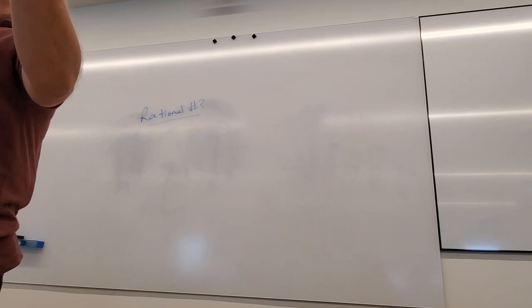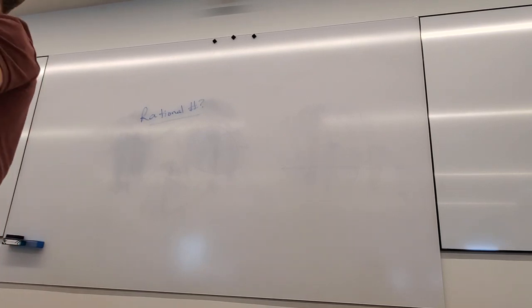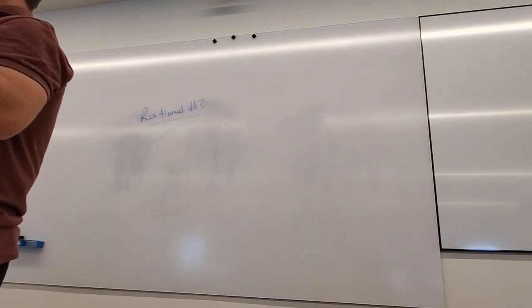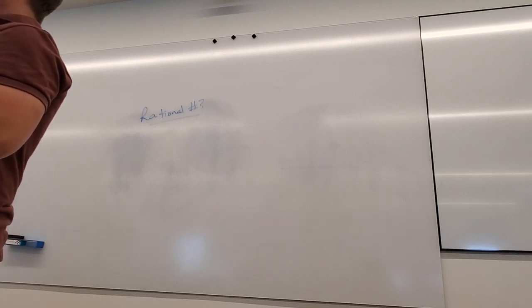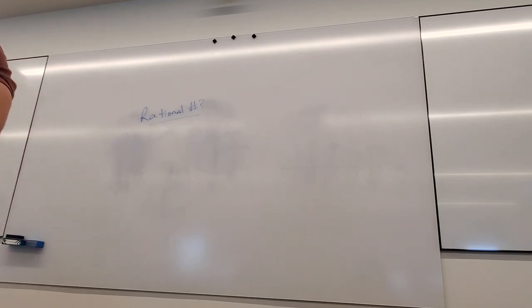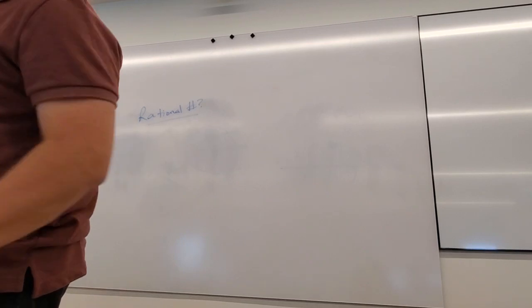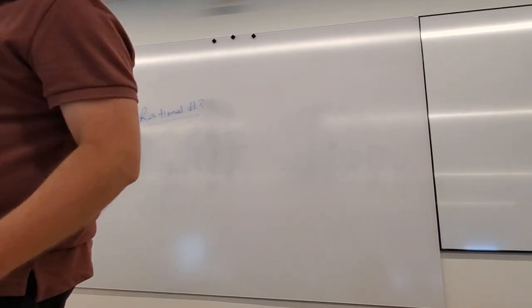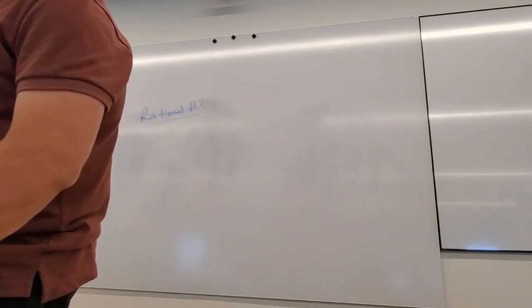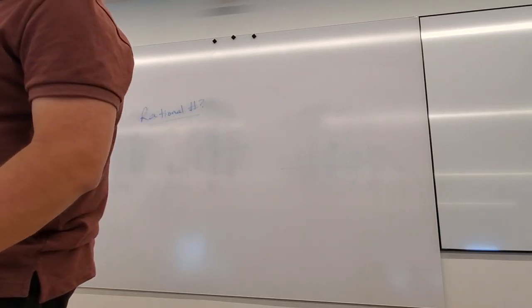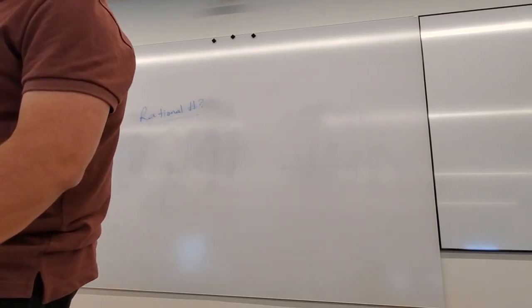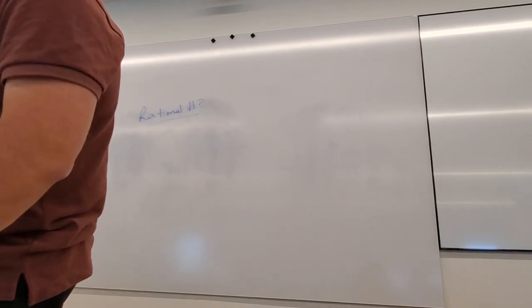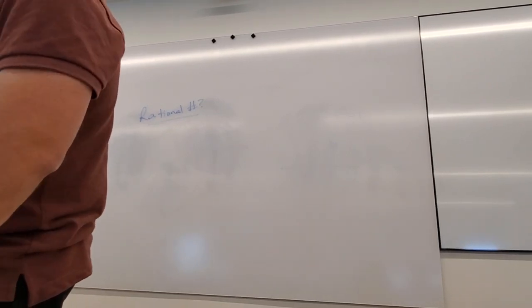Section 9.1 is hilarious because it just repeats the fraction section again. But now they call them rational numbers. Just to make certain, I looked through really quickly. I didn't see anything that was really new, which means I'm going to make that extra credit. So you don't have to do section 9.1 homework because we've already done it. 9.1 is fractions.